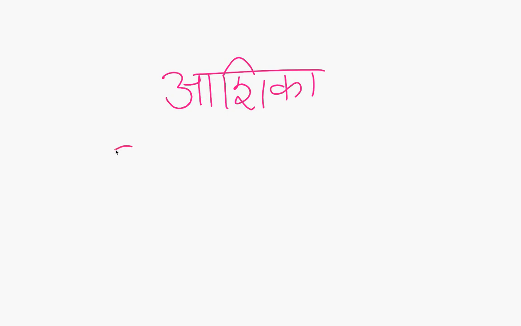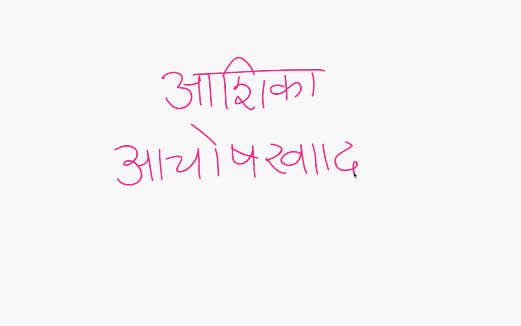Achosha khadika. This is one word that appears here. From the perspective of derivation of the word khadika, it's easy. Like khad dhatu, add the null, then it becomes khadaka, then I take it to strilinga, then it becomes khadika.